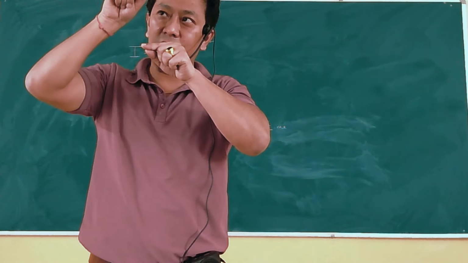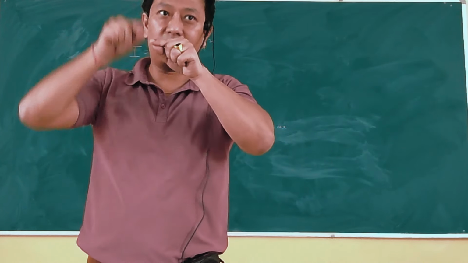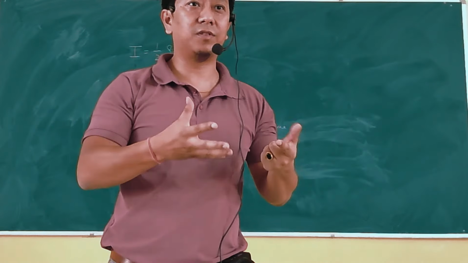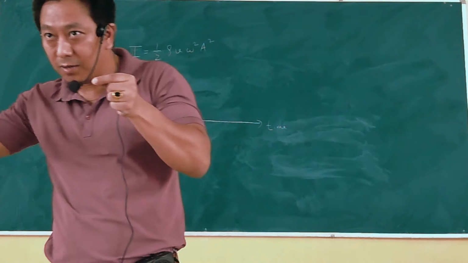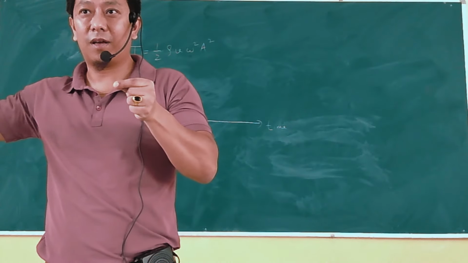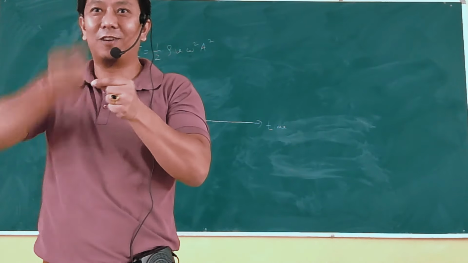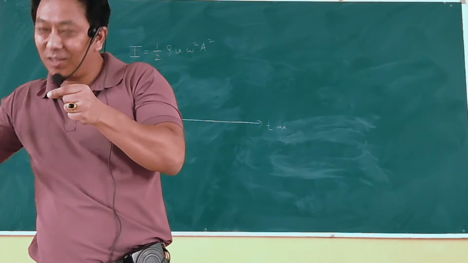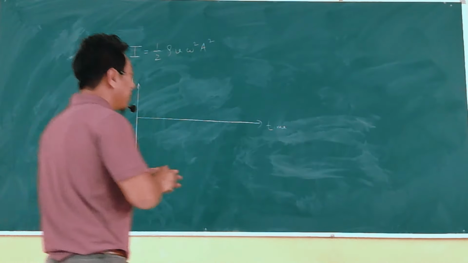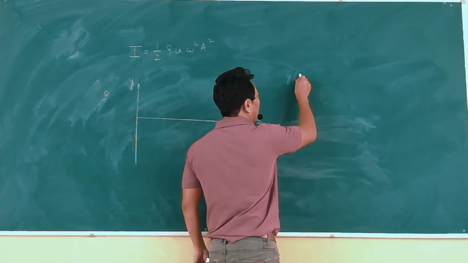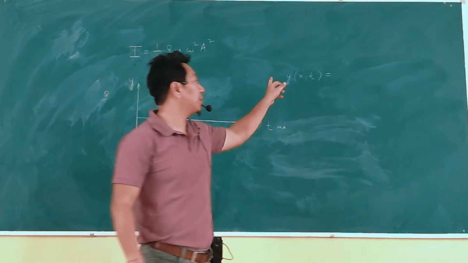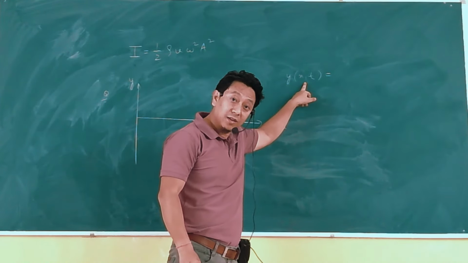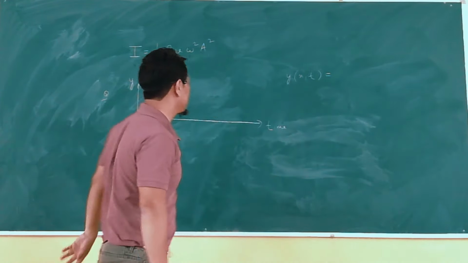So in waves, displacement changes with time as well as with position. That's why we write the formula for displacement as y(x, t). The displacement changes with position as well as time.